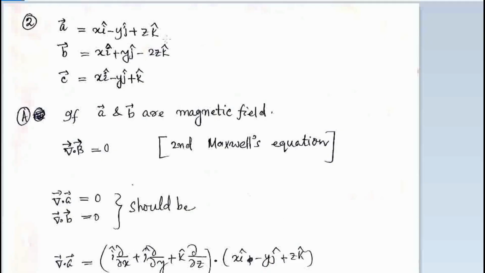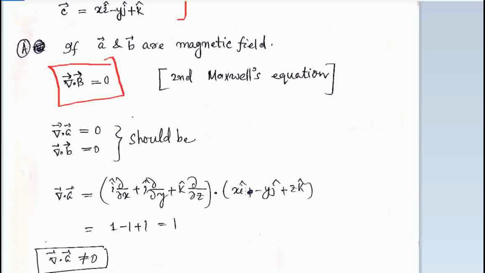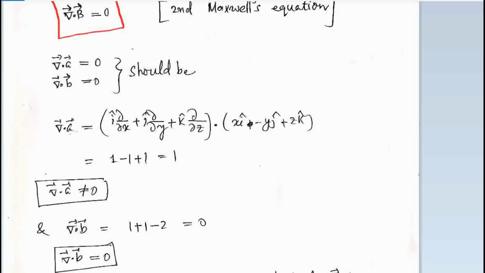You see, these are three fields. Let's apply this formula of the second Maxwell equation one by one. If you calculate del dot A, it will not give 0. How? This A is x i cap minus y j cap plus z k cap, and the del operator is i del by del x plus j del by del y plus k del by del z.